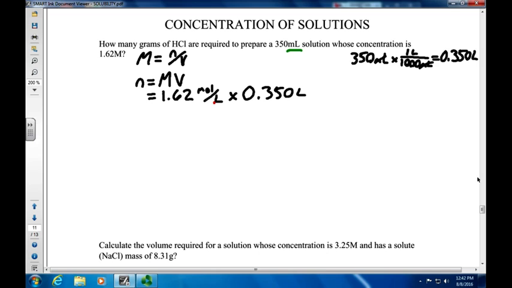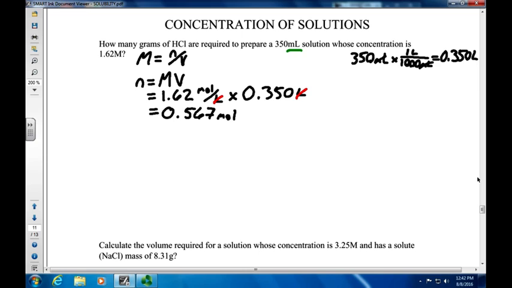You find that liters and liters cancel each other out, and you're left with moles, which is exactly what we wanted. And when you do the arithmetic out, you find that we are getting 0.567 moles.